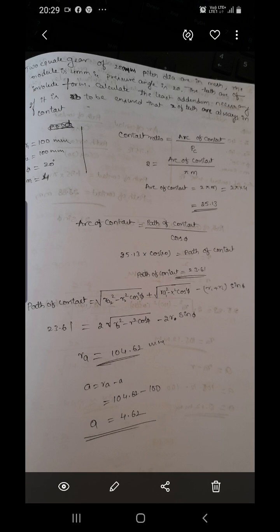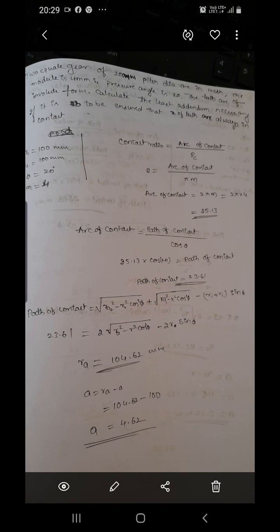He also specified that two teeth are always in contact, so the contact ratio is 2. And the module is 4 millimeter. So R1 is 100 millimeter, R2 is 100 millimeter, the pressure angle phi is 20 degree and module is 4. This is the data given in the problem. He is asking us to find the addendum.